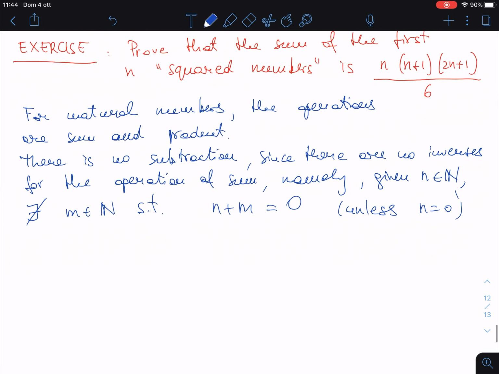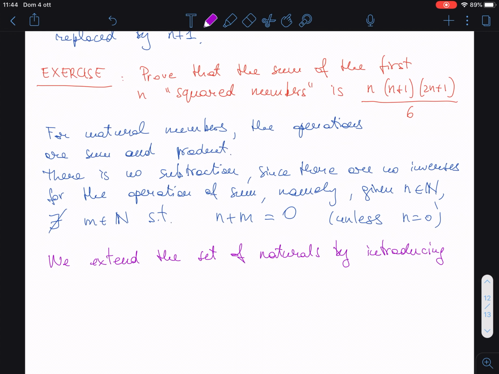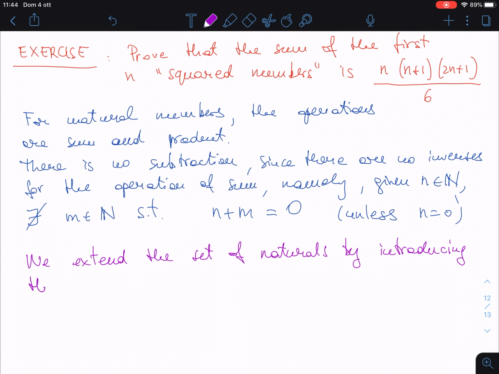So we extend, this is the important step, we extend the set of naturals by introducing the inverses with respect to the sum for every natural number.